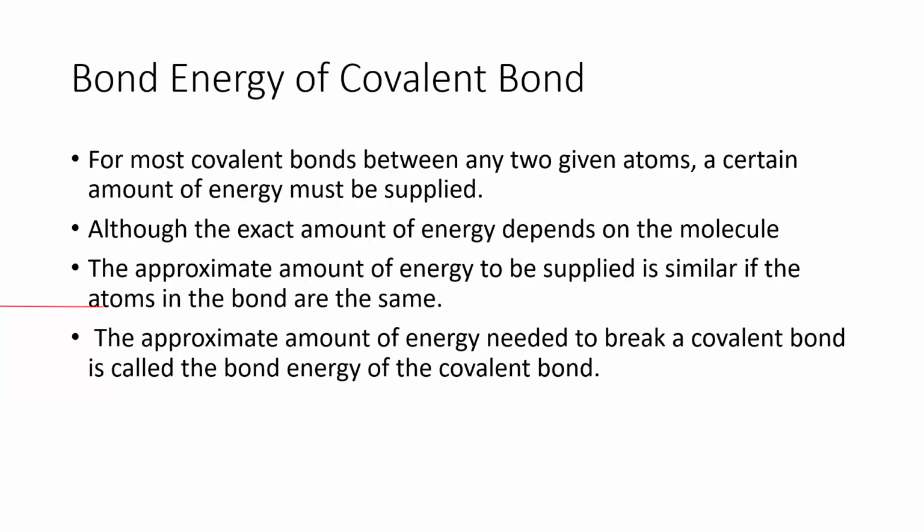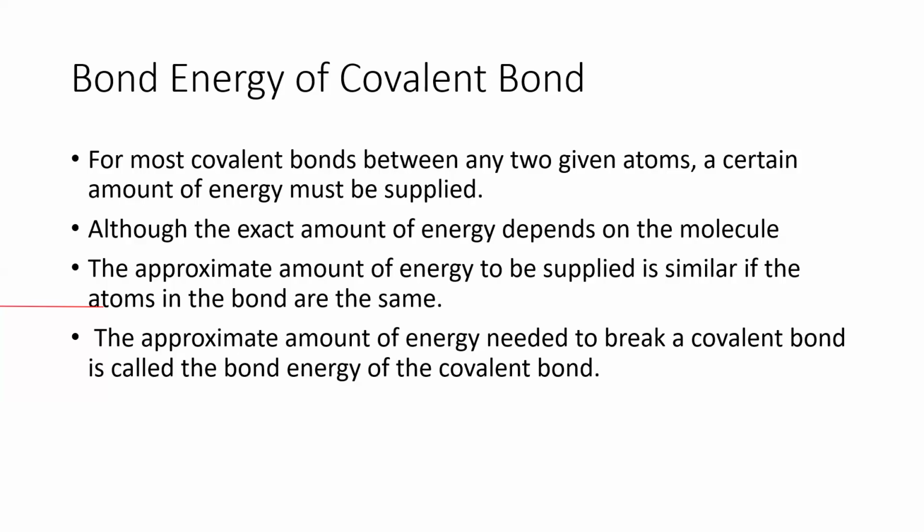When you are bonding, you need some amount of energy so that you can put it together. If you want to break it too, you need some energy to do the breaking. And some of them, when they bond together, also emit energy. When they come together, energy comes out.